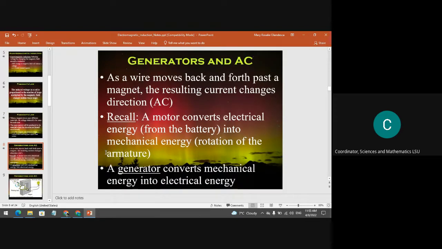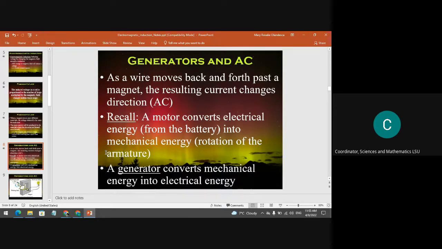Talking about electromagnetic induction, we are making use of generators. We already know that a motor converts electrical energy into mechanical energy. But a generator, in reverse, converts mechanical energy into electrical energy.